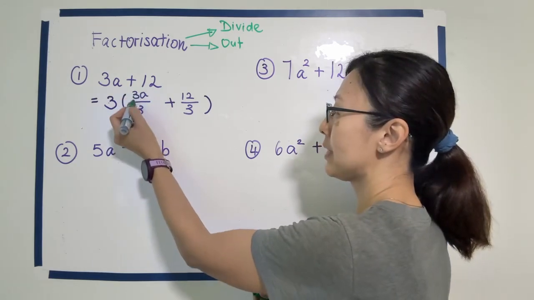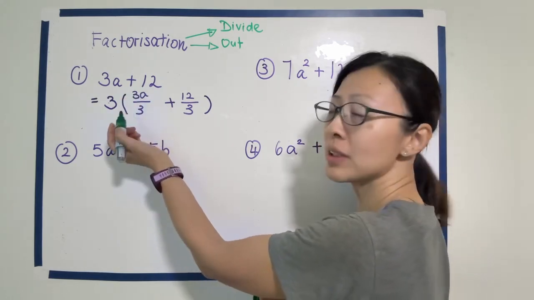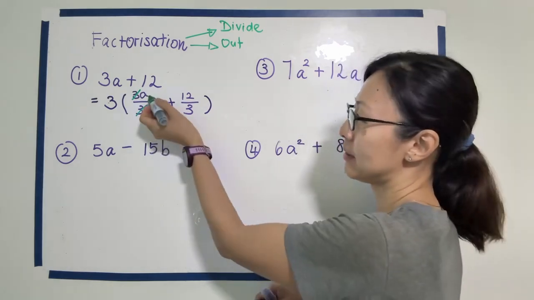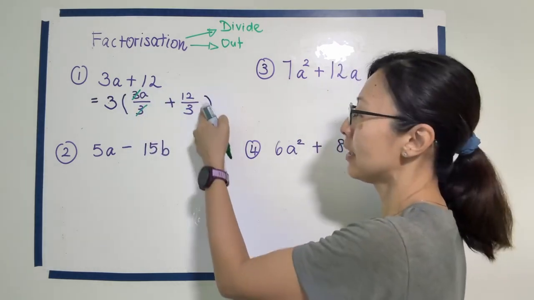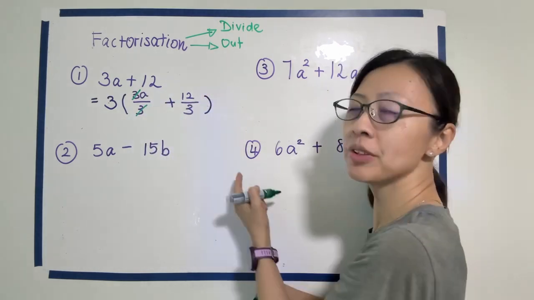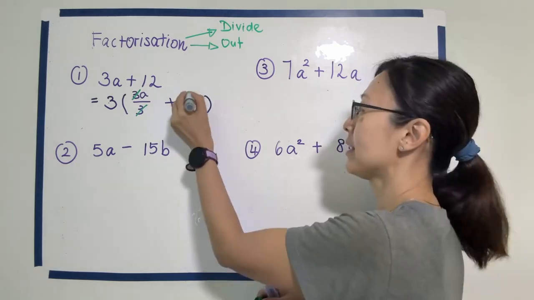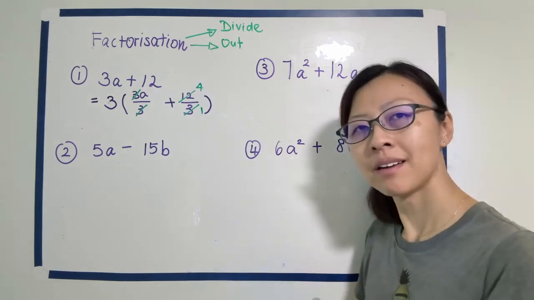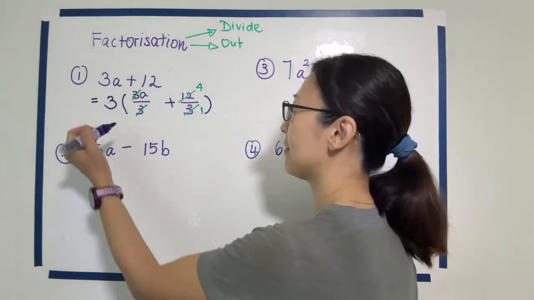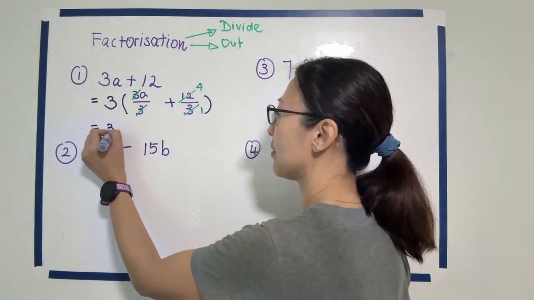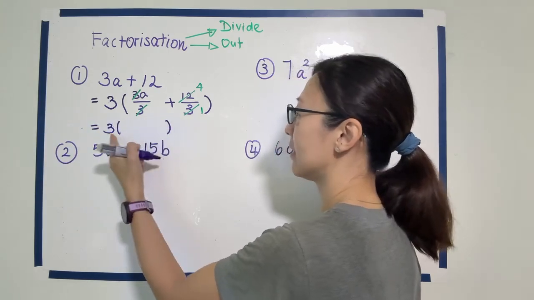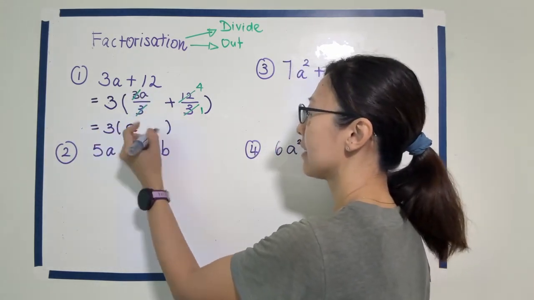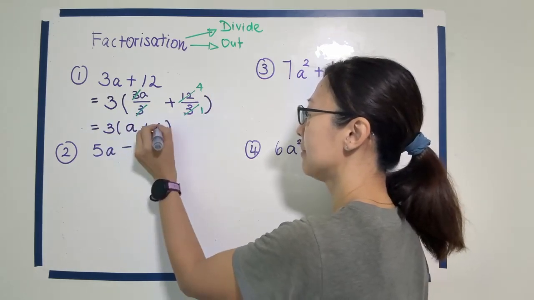So between 3a and 3, when you do a division, you divide both sides by 3, you end up with a. 12 and 3, if you divide numerator and denominator by 3, you will end up with 4. Hence, when we factorize, we are left with 3 on the outside. First term now becomes a, second term is 4.